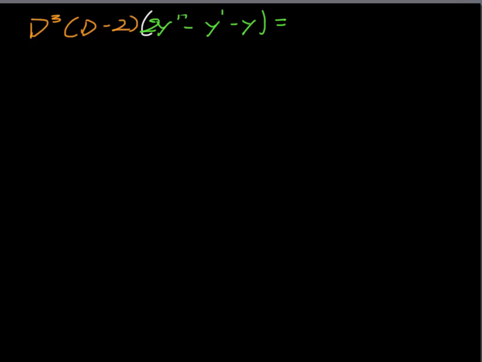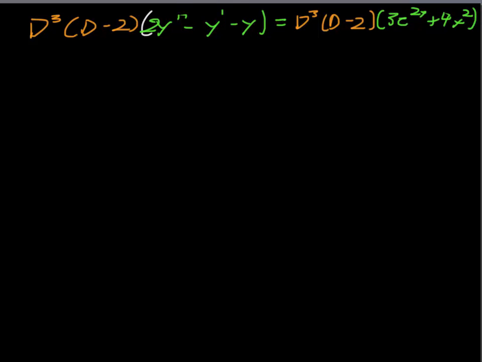Okay, and this is going to equal d cubed times d minus 2 times the right side, which was 3e to the 2x plus 4x squared.